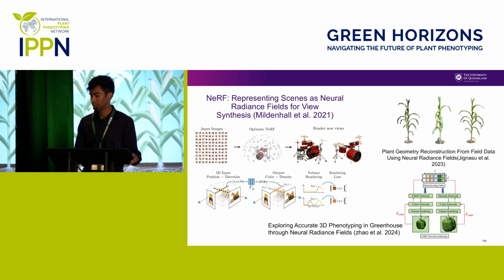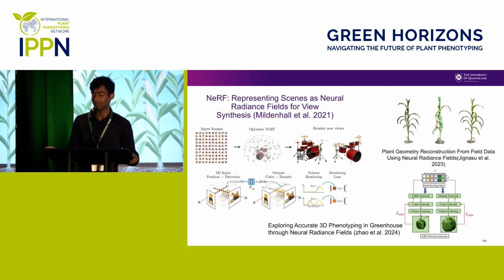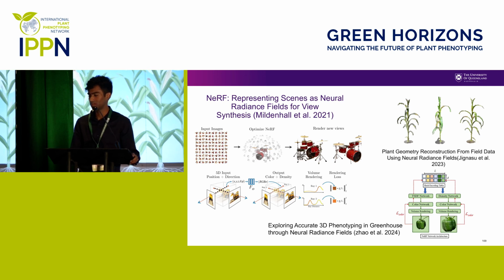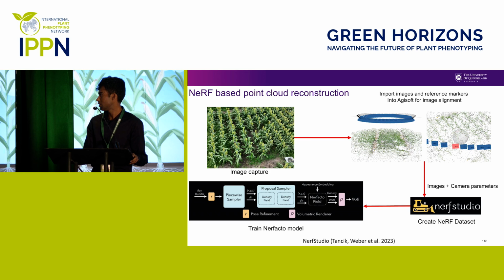And after you train a NeRF model, it can generate new images from novel views or unseen camera positions. And this would essentially allow you to interpolate and also create high-quality 3D point cloud models. And even in the plant phenotyping community, in the past 2 years, there's a lot of work which has come out which has focused on using the capability of NeRFs for high-quality 3D reconstruction to develop phenotyping methods.